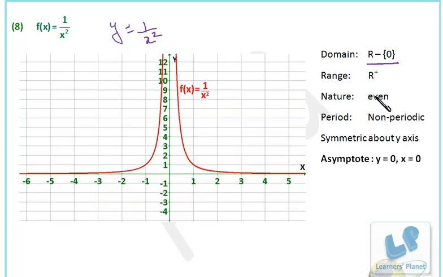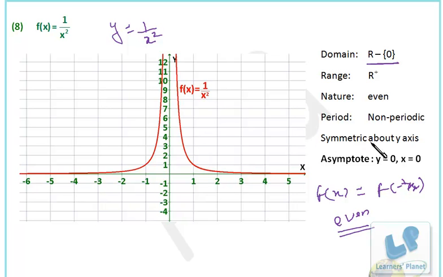After that, nature, that is even or odd, we can clearly check. f(x) is equal to f(-x), right? f(x) is 1 upon x square, and f(-x), that means instead of x, if you put minus x, still you will be getting 1 upon x square. So f(x) is equal to f(-x), that means it is an even function.